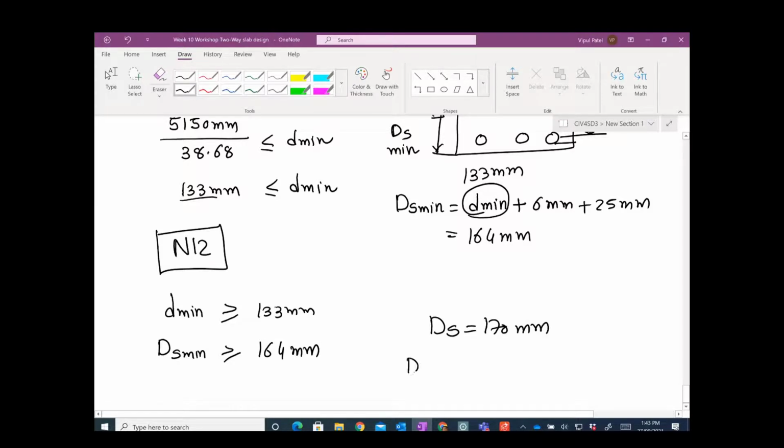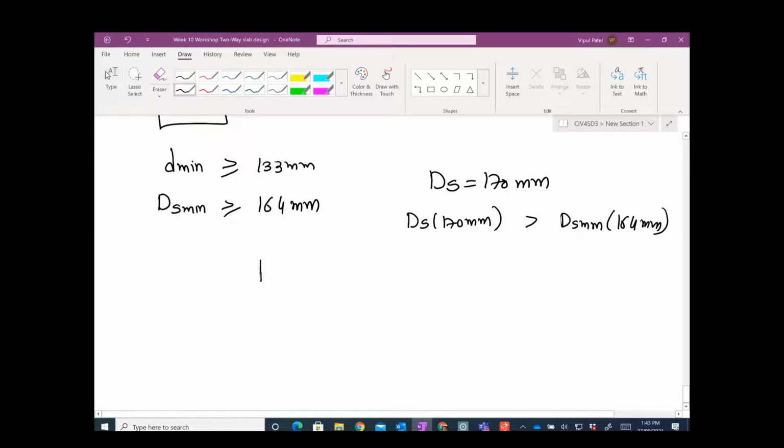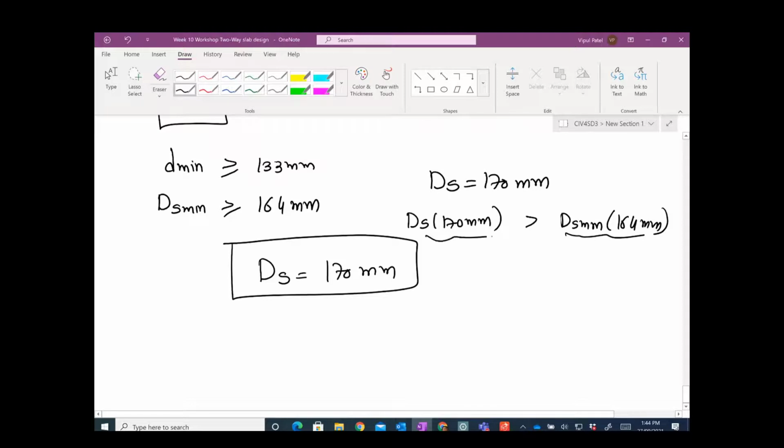So we are okay, because DS of 170 millimeters is greater than your DS minimum, which is 164 millimeters. Now you can continue your design using DS equal to 170 millimeters. There is no issue. You can continue, because it satisfies your serviceability conditions.